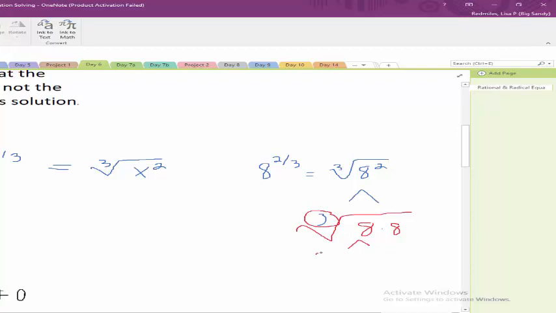And 8 is broken down to primes as 2 times 2 times 2. So we have both 8s broken down to 2 times 2 times 2. For every 3 2's, I cancel and bring 1 to the outside of the radical. And for every 3, again, I cancel and bring 1 to the outside. And so 8 to the 2/3 power is 4. 2 times 2, 4.